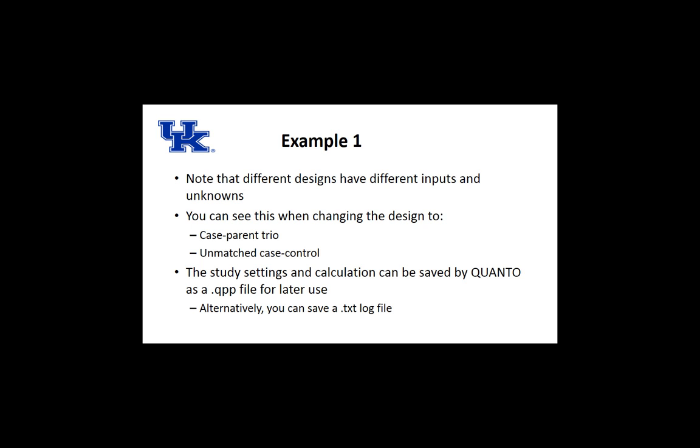So it's important to keep in mind the study design drives the test statistic, which drives the distribution under the alternative hypothesis and the distribution under the null hypothesis. You can putz around with different inputs in this particular program and see how things work.